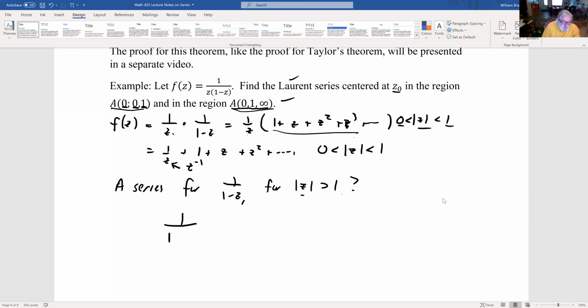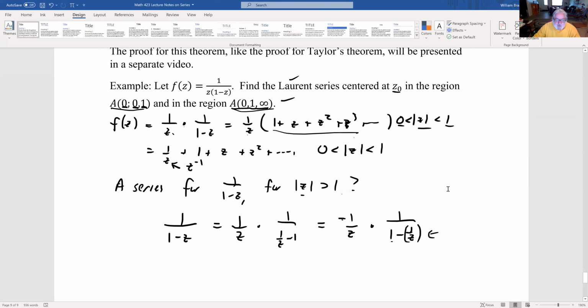Well, we'll do the same trick we did before. We'll factor out the z. And then we'll throw in a minus sign to get everything set up. So this minus sign, if we apply it to these two terms, you get a minus 1 plus 1 over z. That's what we have there. Great.